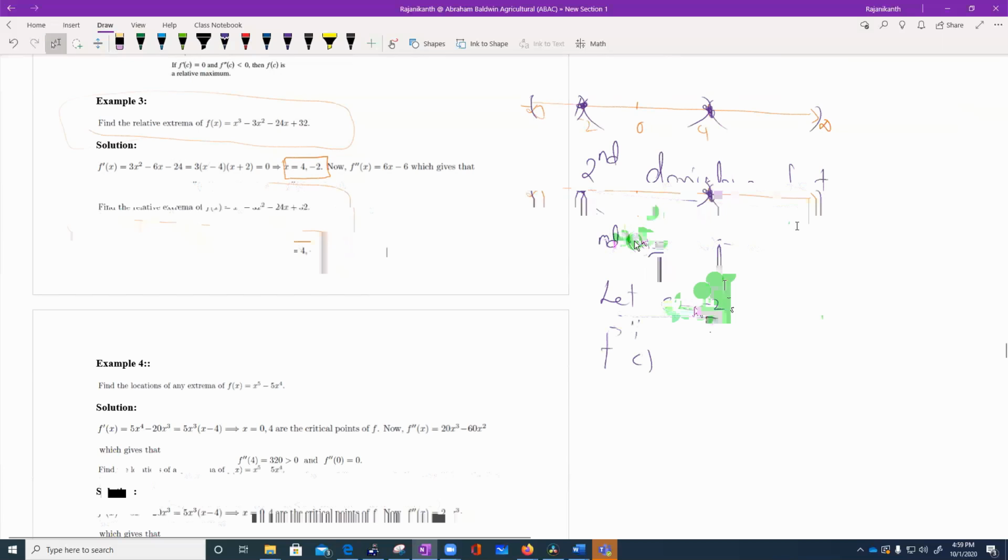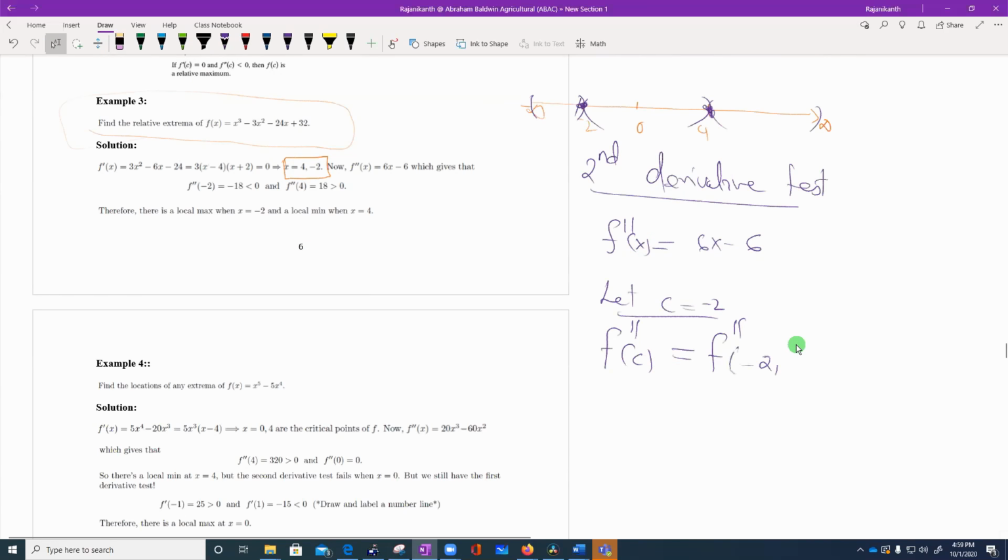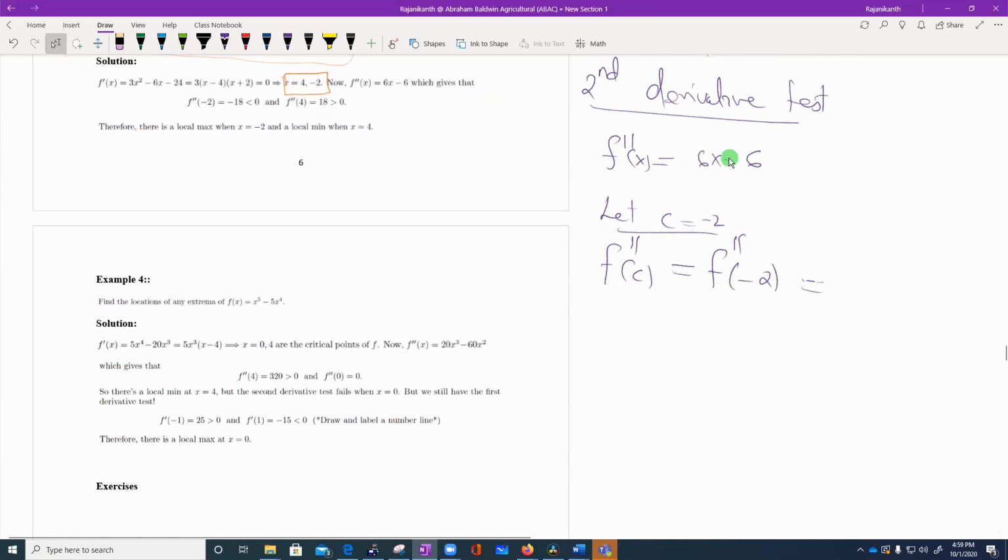Therefore, I'm finding f double prime of c, which is f double prime evaluated at -2. Simply plugging in -2 will be -18, which is a negative number. If you are getting a negative second derivative, you will get a relative max. Very good. So you will get a relative max at our critical point.